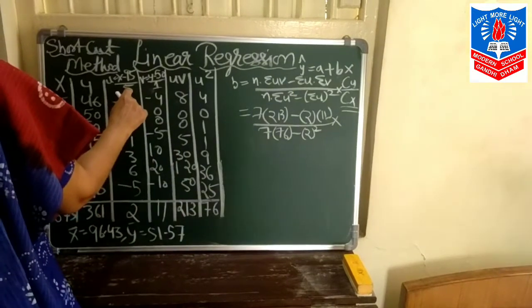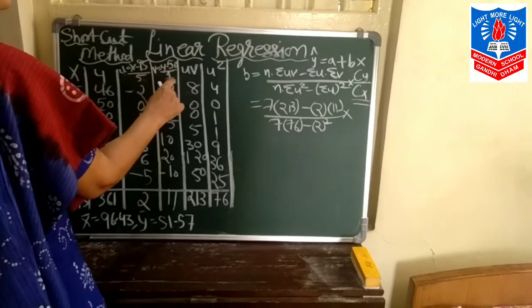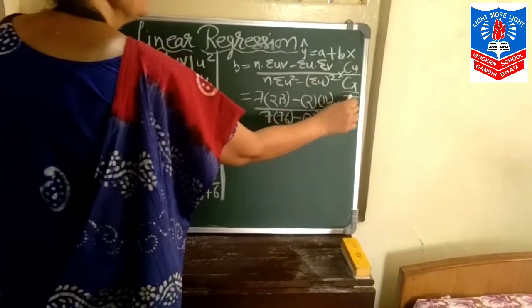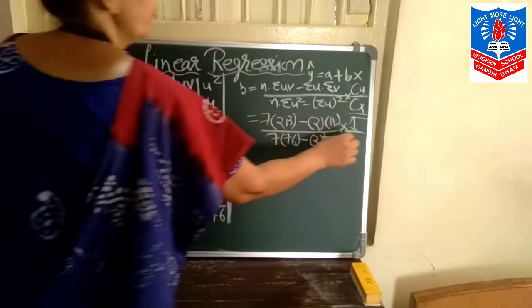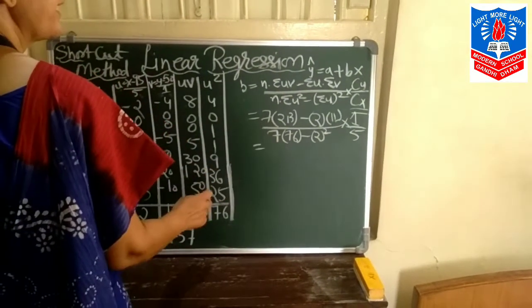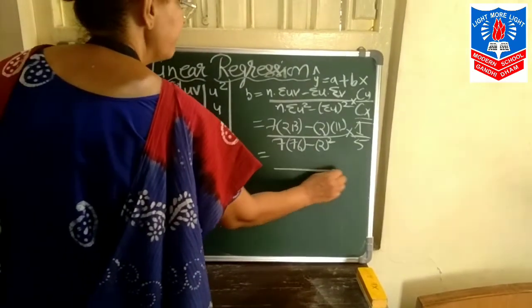Now see, the figure with u is cx, and the figure with v is cy. So cy is 1 while cx is 5, so 1 by 5.